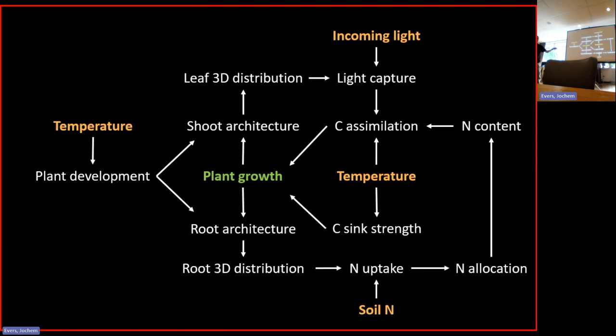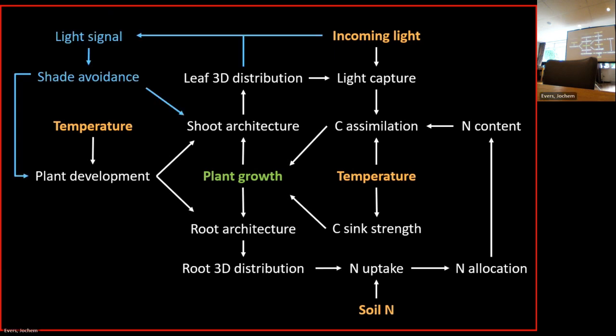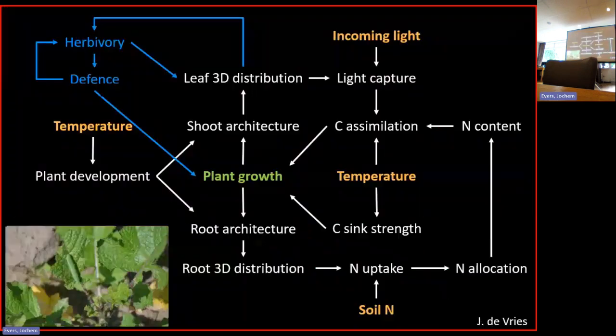So plant development is simply a function of temperature. If temperature is higher, plant development, so the production of new leaves and new side roots, for example, simply goes faster than when temperature is lower. So it's a very simple descriptive approach. You need to measure that, of course, and parameterize that, but it's a very simple approach.